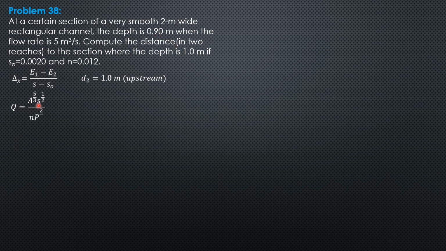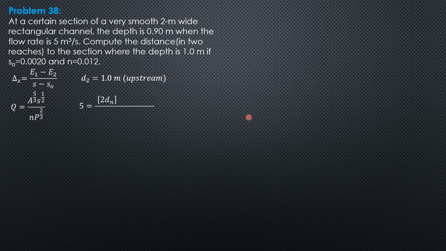So Q is area times R to the 2/3 times S to the 1/2 over n, to compute for the normal depth where the flow is uniform. So S equals SO for that case. Area therefore is width times normal depth, while perimeter is width 2 meters plus 2 times normal depth, 2 times d sub n.